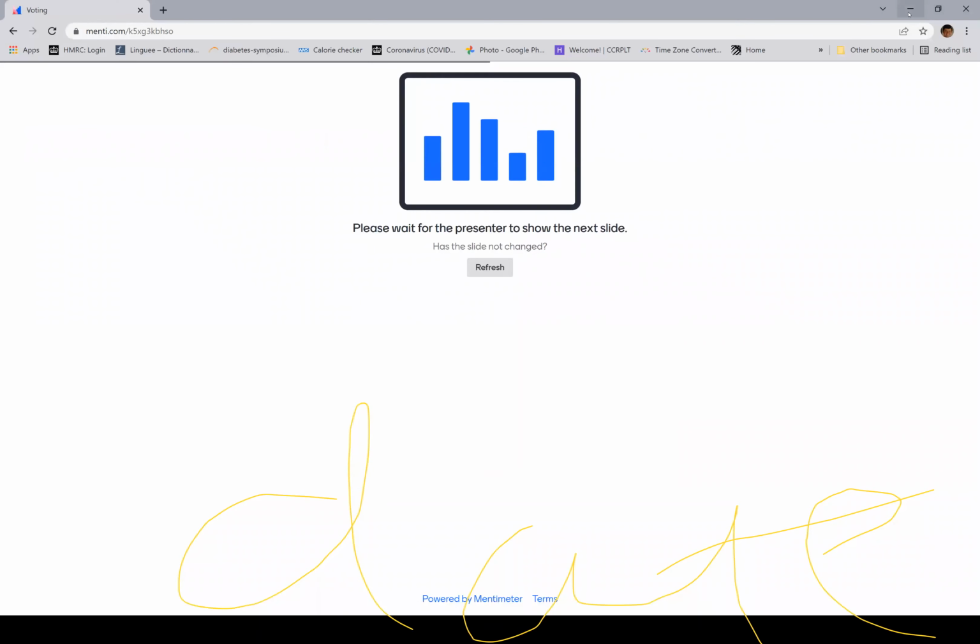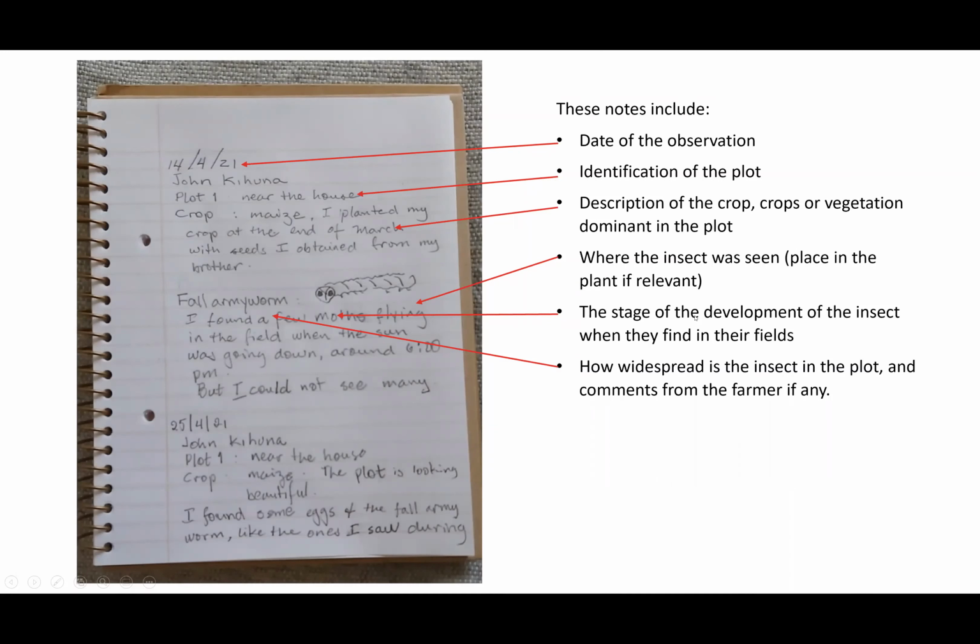Thank you. So they have included the date of the observation, the identification of the plot, the description of the crops in the plot, where the insect was seen (it was seen flying), the stage of development of the insect (it is a moth), and how widespread it was in the plot. The objective was to monitor how the fall armyworm was appearing in the plot.